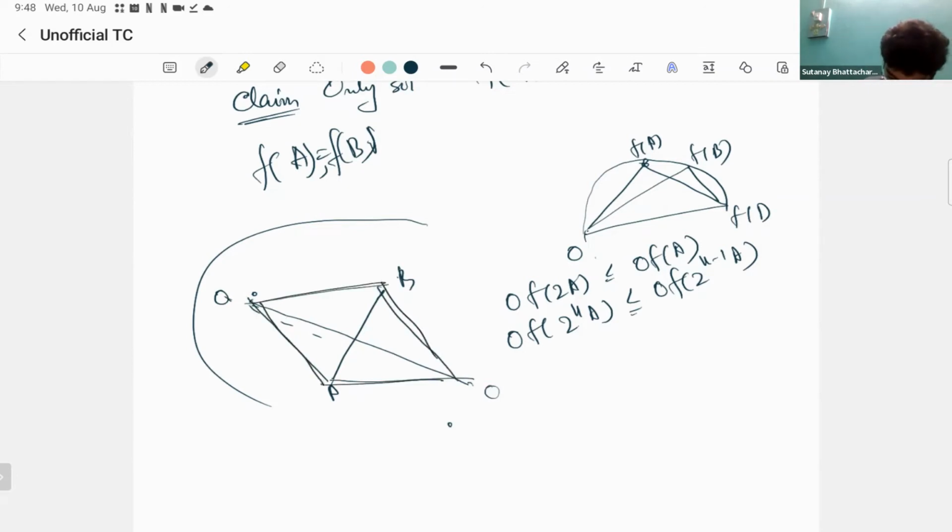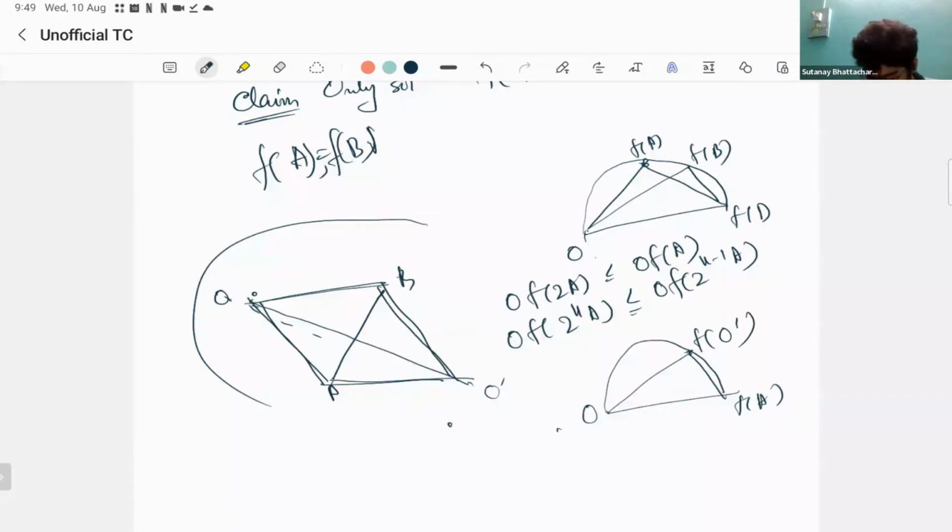Then we have these two V's, and they basically mean, what does that mean? f of O lies on this circumcircle as well as the other circumcircle. Not fun to draw. And it also lies on the other circumcircle.